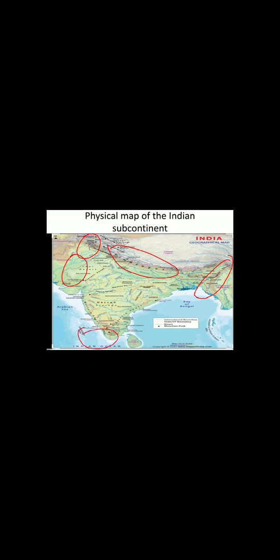The west is also known for the Thar Desert, which acts as a great physical barrier. And of course, then we have the Indian Ocean in the south. So together, all these physical features provide a great barrier which makes India stand distinct from the rest of Asia, which is why India is known as a subcontinent or a mini continent.